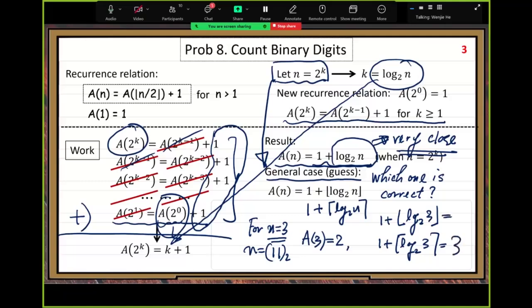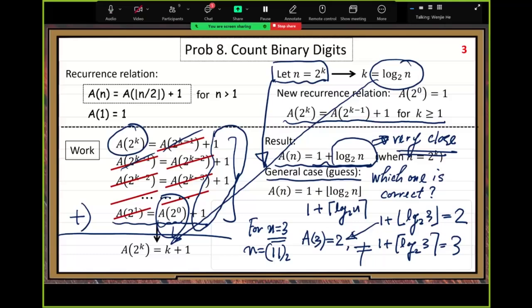With the floor function, you get 2, the same number as a of 3. The ceiling function gives a different number. Based on this observation, you can see which one is correct. The floor function is correct, right?